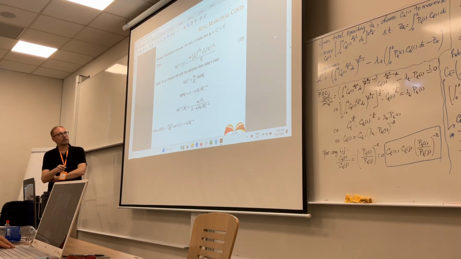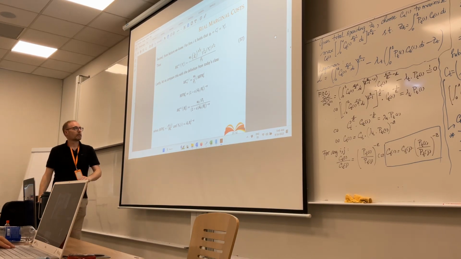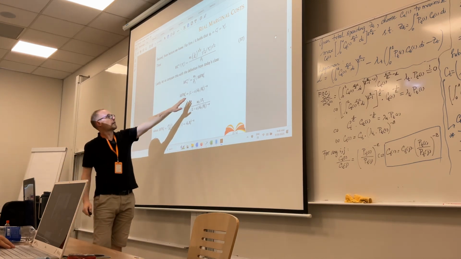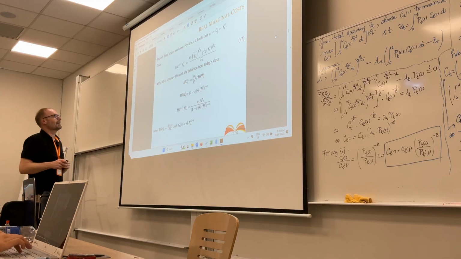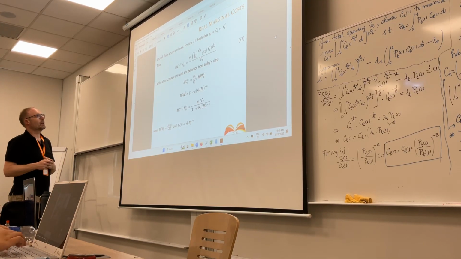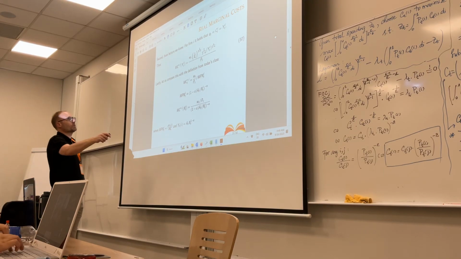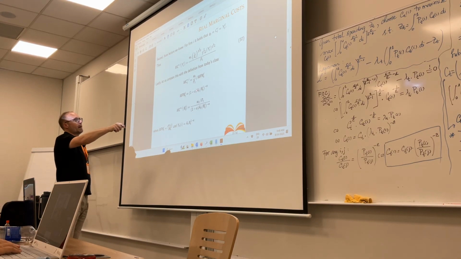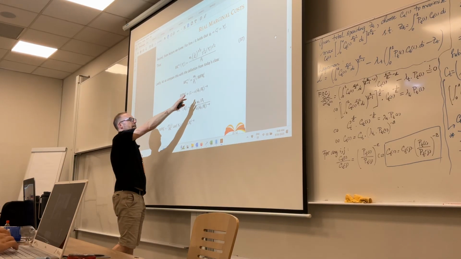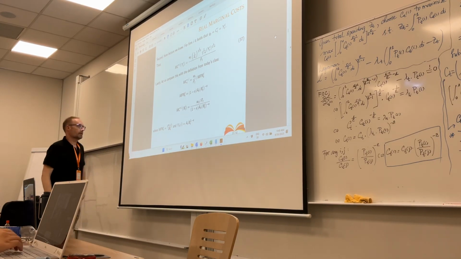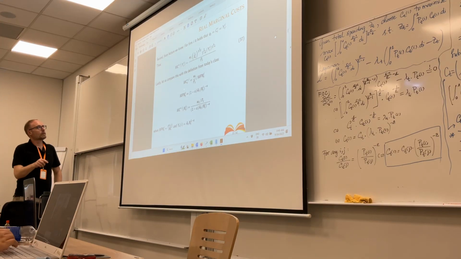And this expression here, it turns out, is hopefully the inverse of the marginal product of labor. The marginal product of labor is 1 minus alpha times A_t and N_t to the power of minus alpha. So if we use the definition from the lecture, we get this expression here.